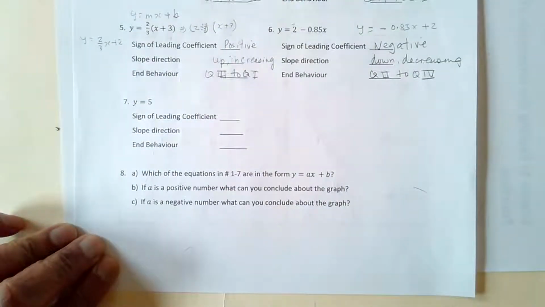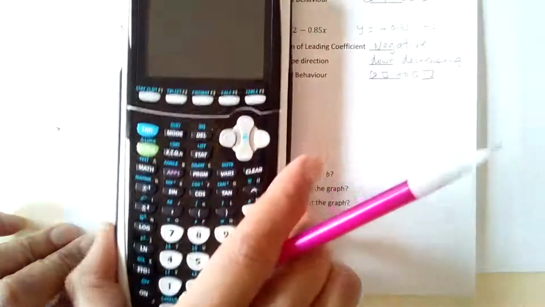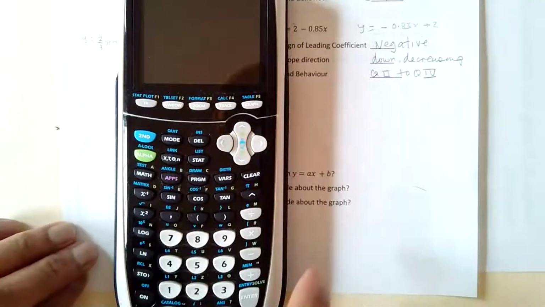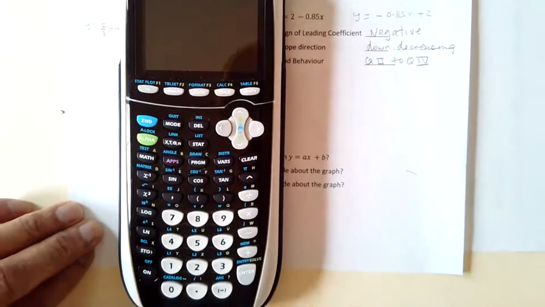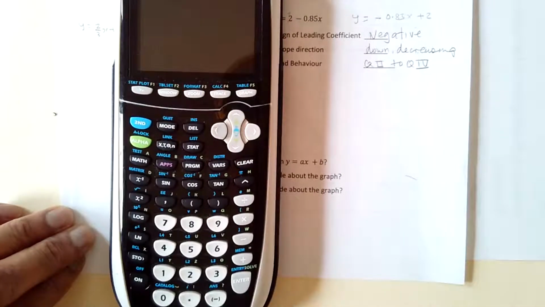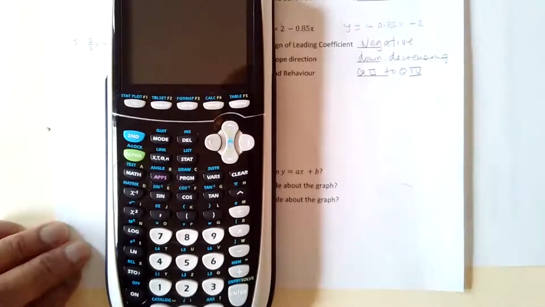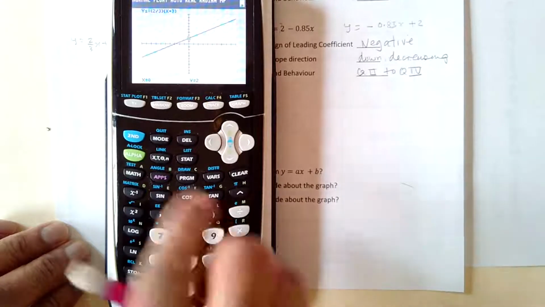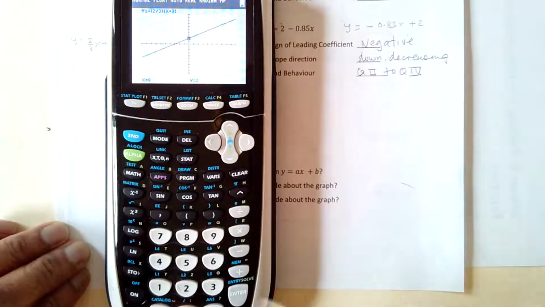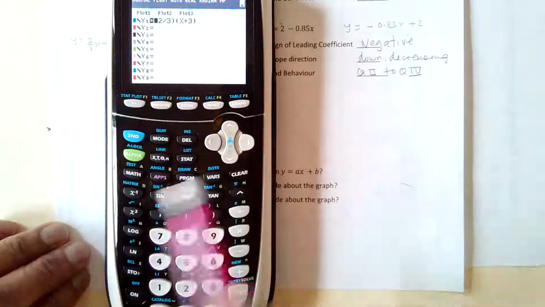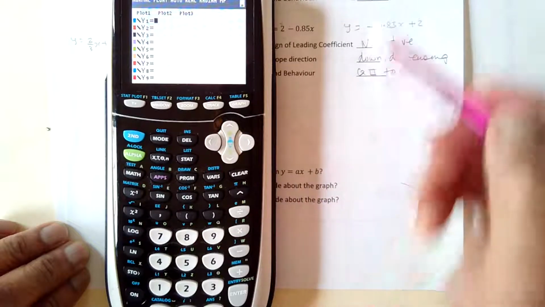Now with your graphing calculator, you can do the same thing. I'll go to my y equals button first, and I'll clear that data.